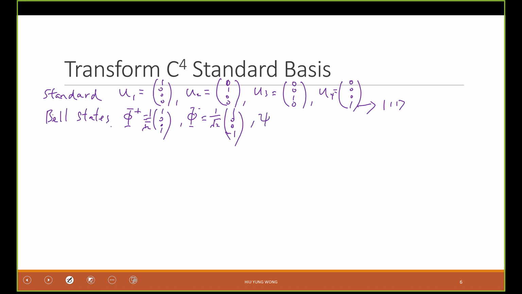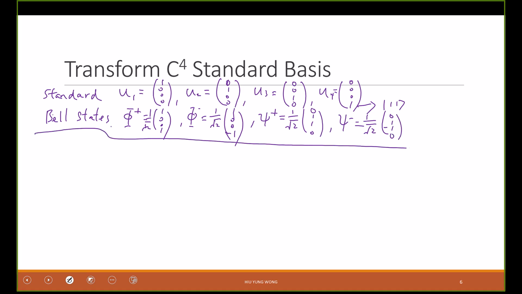And then psi plus equals 1 over square root 2 times 0 1 1 0. And psi minus equals 1 over square root 2 times 0 1 negative 1 0. Okay, this is just a review. So we have this basis.